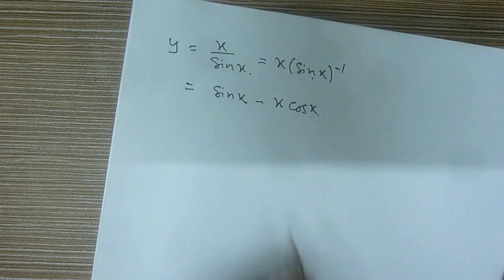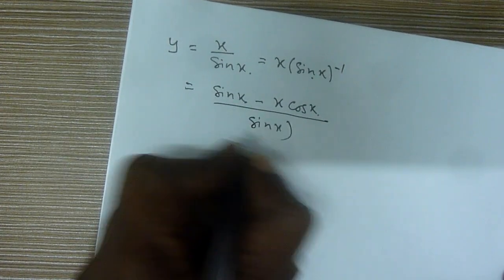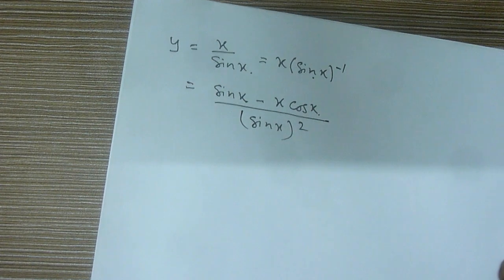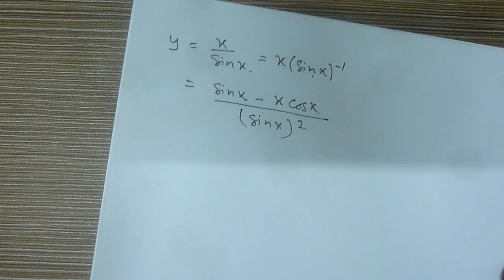Okay, then after that, as a total solution, over sin x power 2. Okay, this is very simple. Okay, I hope that many of you are able to solve this kind of problem. Is everyone with me so far? I think many of you are able to follow.